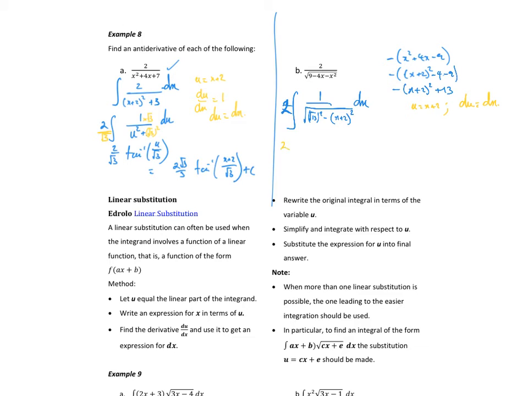So we could write this function as 2 outside of 1 over square root root 13 squared minus u squared du, which is simply equal to 2 sine inverse of x on a, which is 2 sine inverse of x plus 2 on a, which is root 13. So you could rationalise that expression, plus a c, of course, but not crucial this time, okay?